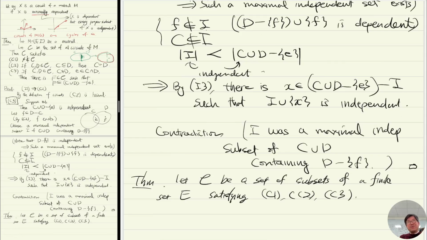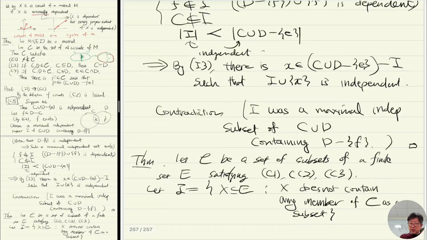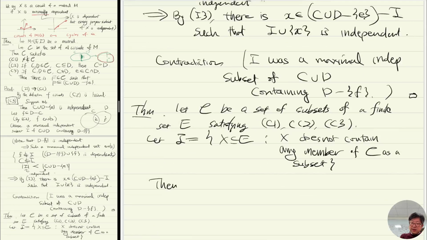Now, this defines a matroid. How do we define a matroid? Let I be the set of subsets X of E such that X does not contain any member of C as a subset. Then we claim that E, I is a matroid.